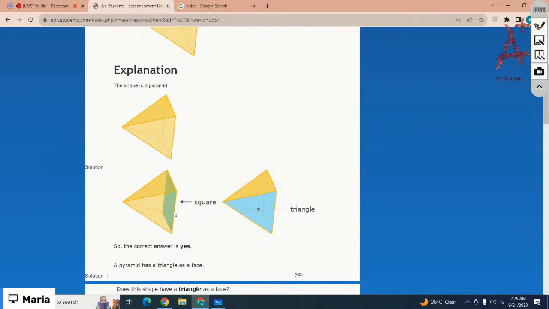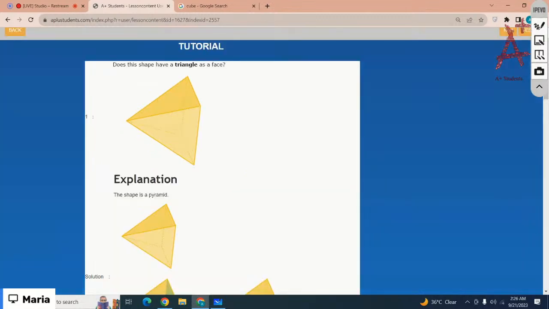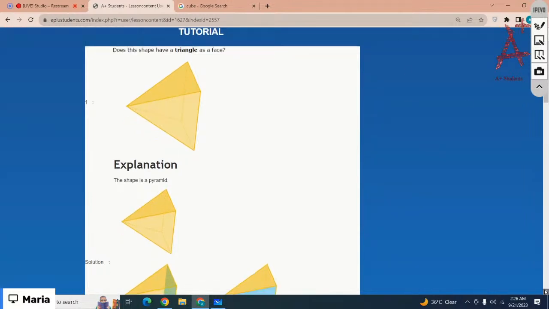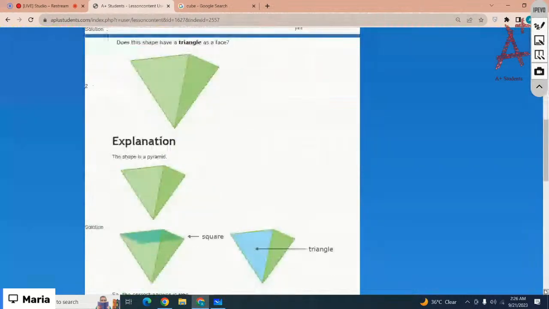Yes, it has four triangle faces. The total faces are five. Four of them are triangles, and the fifth one is a square, right? Okay, the next one is: how many of these shapes have a triangle as a face?